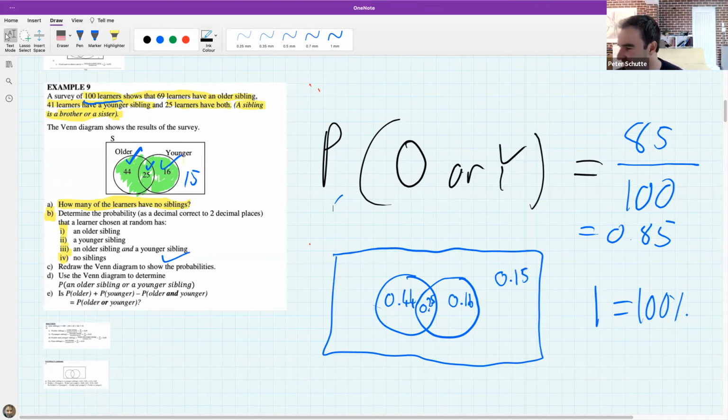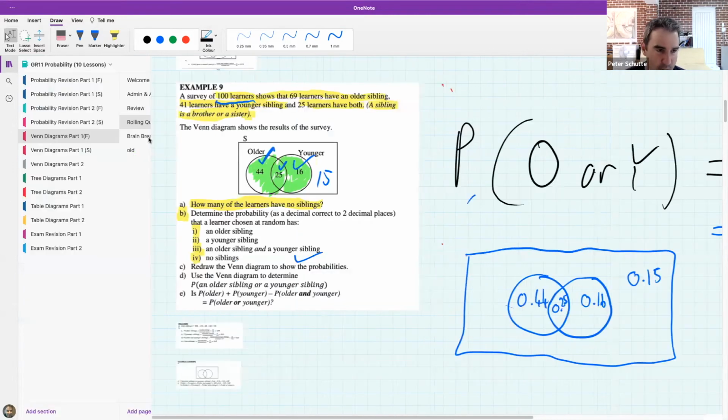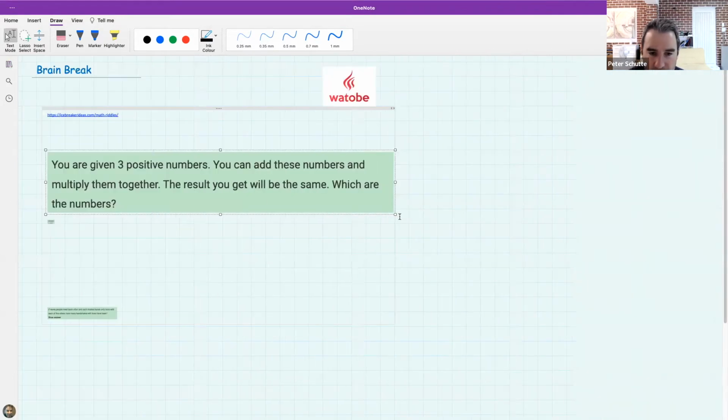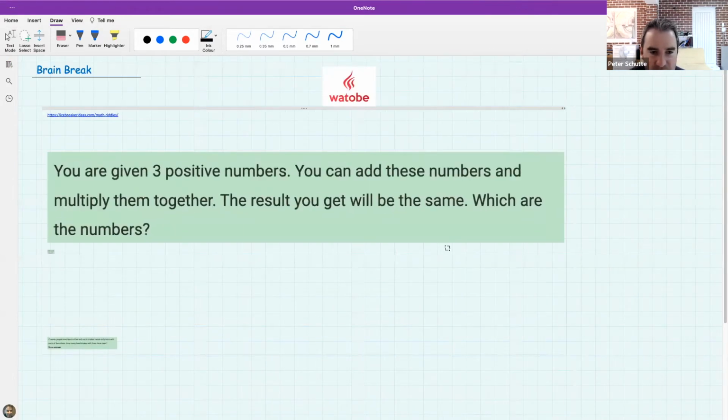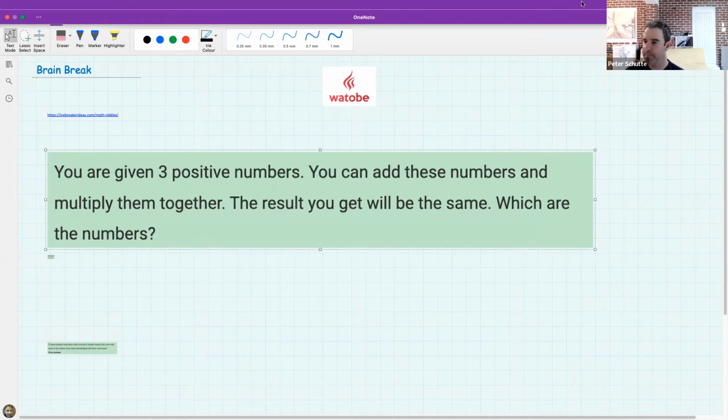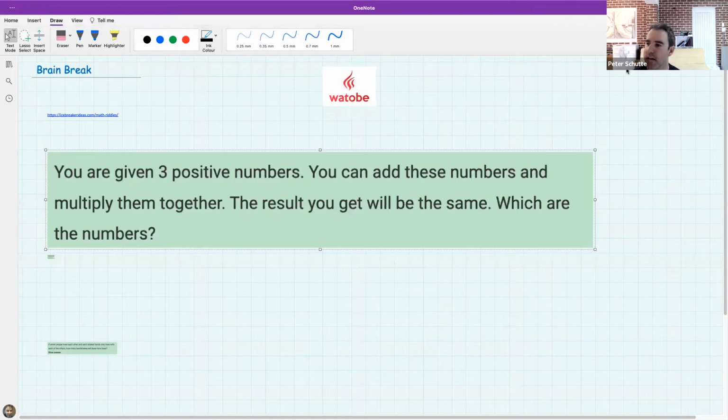All right. Time for us to show probability who's boss again. But before that, we must have a brain break. This is your brain break for today. I want to know what you think about this.